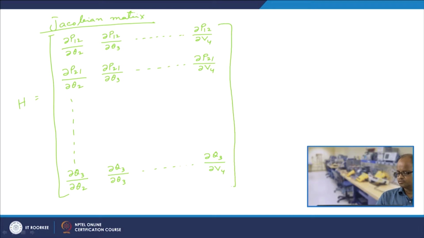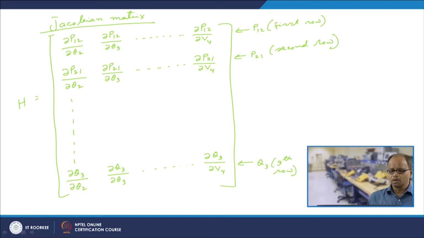The first row corresponds to P12, the second row to P21, and the ninth row to Q3. Similarly, the first column is theta 2, the second column is theta 3, and so on.